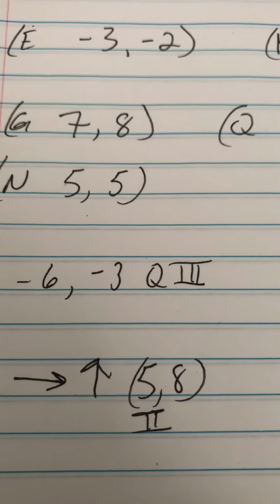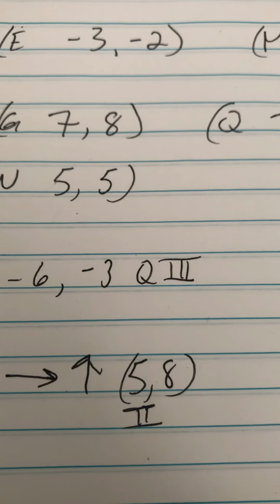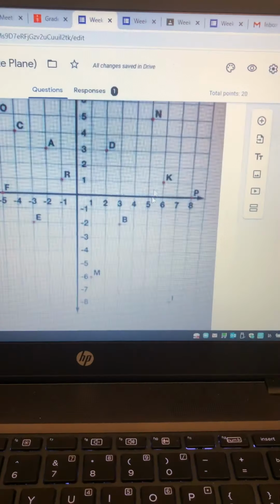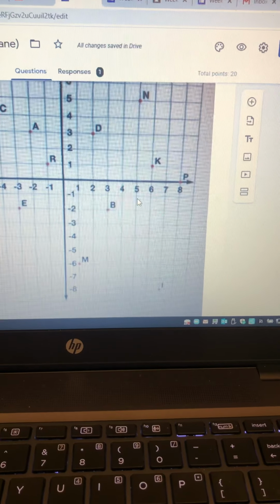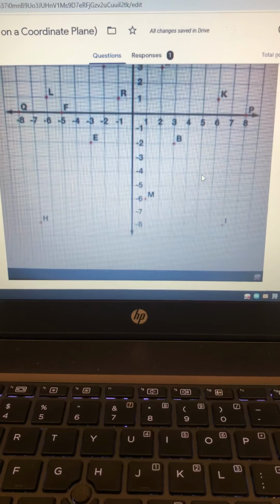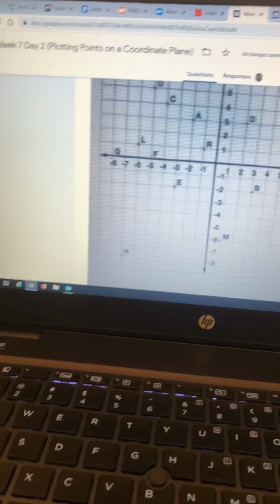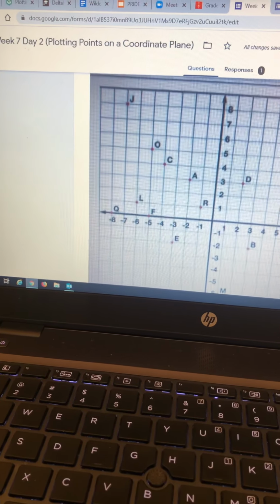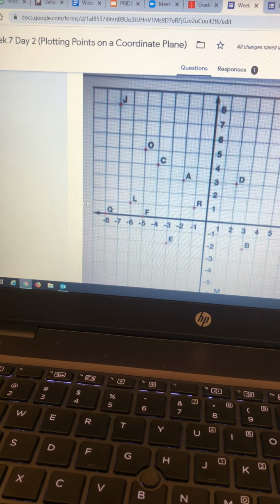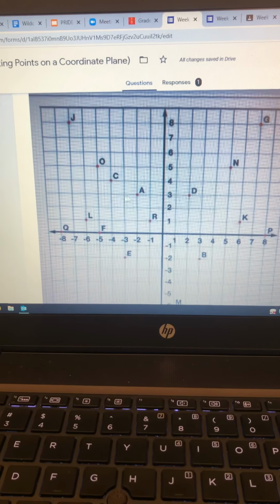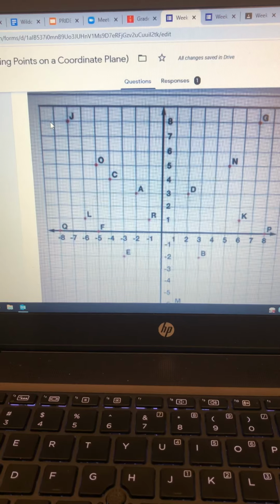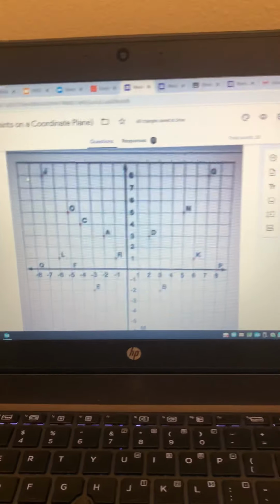So whatever that is, we're just going to look at that, and that's going to be over and down, so that's in quadrant number 4. And then J. J is up here, so over here and then up.